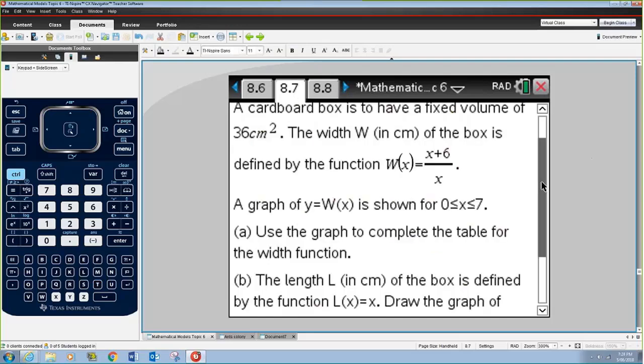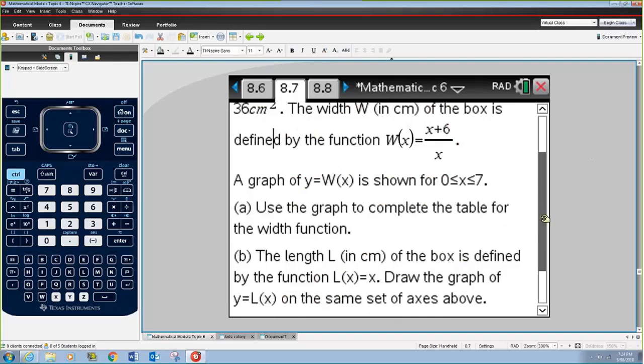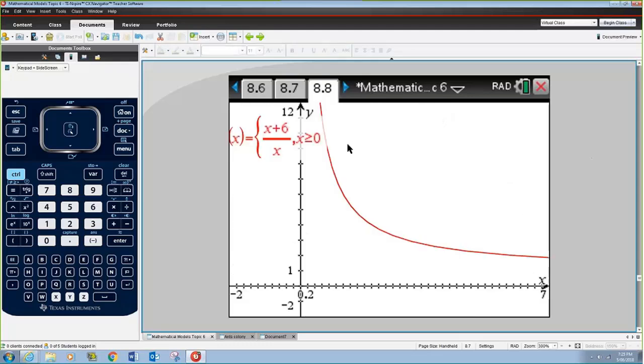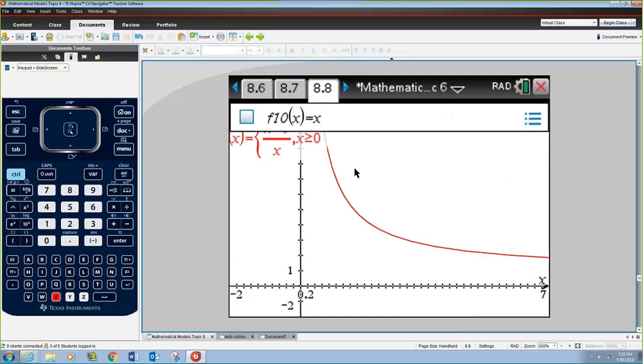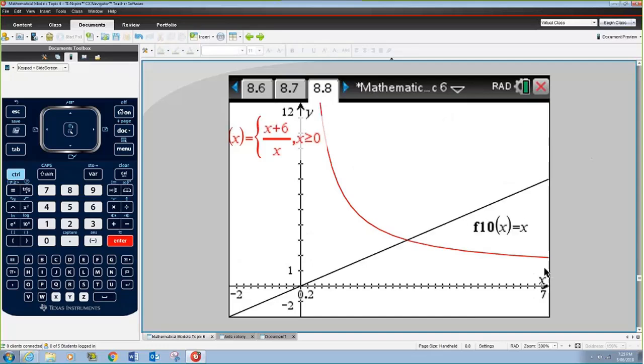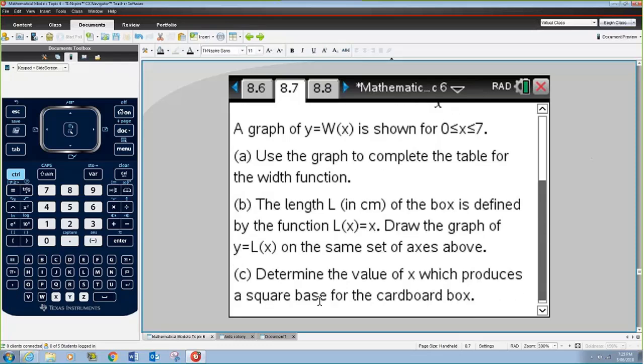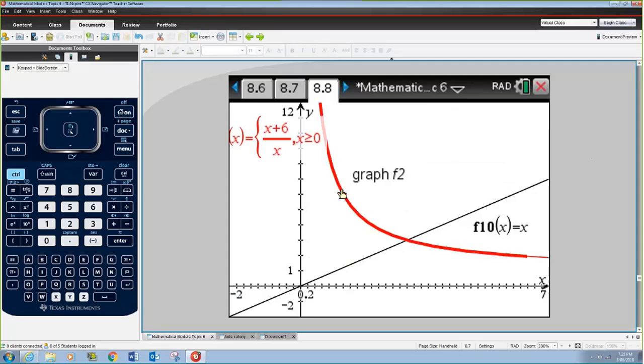Now, the length is defined by the function L(x) equals x. So they say draw the graph on the same set of axes. So if we draw this graph here, we see that they intersect. So that's width, that's length. And the other question was asking, determine the value of x which produces a square base. So after some discussion, they would arrive that width has to be equal to the length.